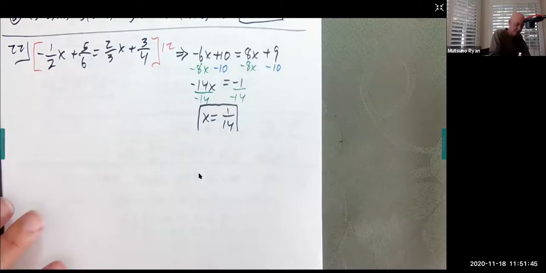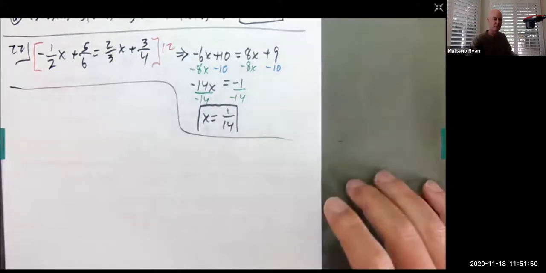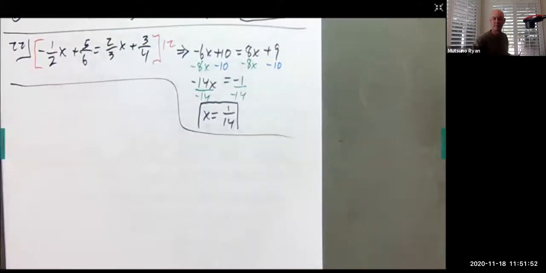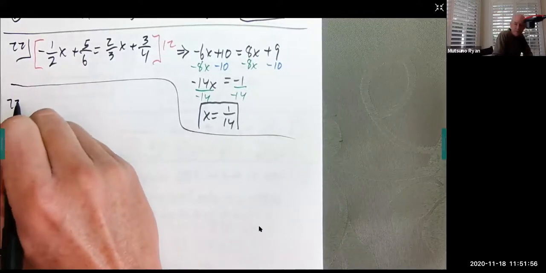And our last one, number 23, is some rational expressions.